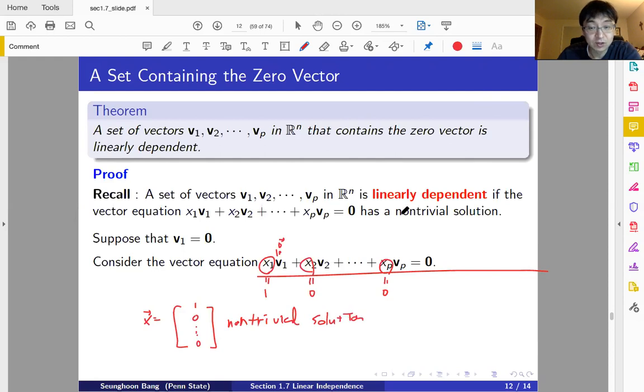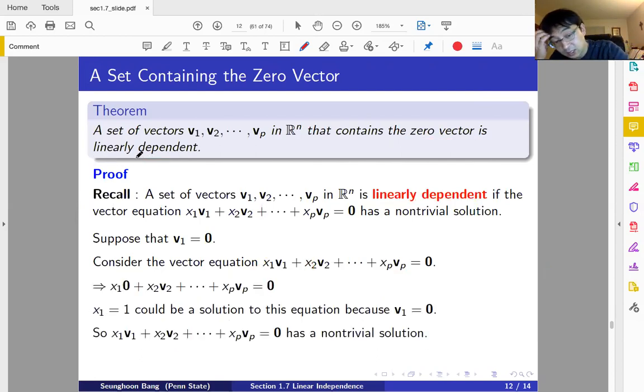Non-trivial solution, what does it mean? Linearly dependent. That's it. This is the proof of the theorem. So a set of vectors v1, v2, ..., vp that contains the zero vector is linearly dependent. This is very important: a set containing the zero vector is always linearly dependent.